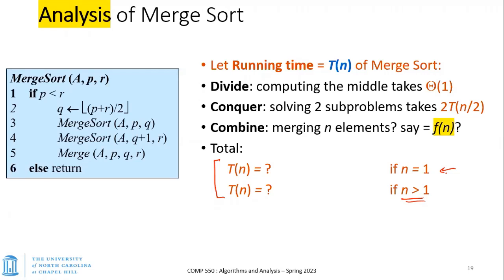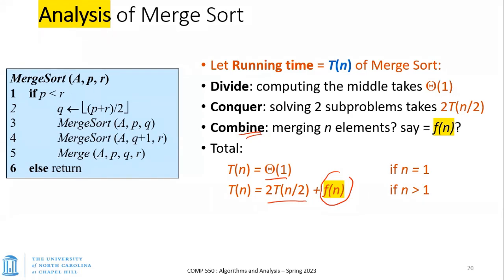It's going to be constant, right? It's going to take some amount of time, and it's going to be a constant. So the way we can express it is that the constant amount of time is big theta of 1, and the recurrence relation is 2 times T of n upon 2 plus some function f of n, which is the amount of time that the combination takes, which we don't know yet.